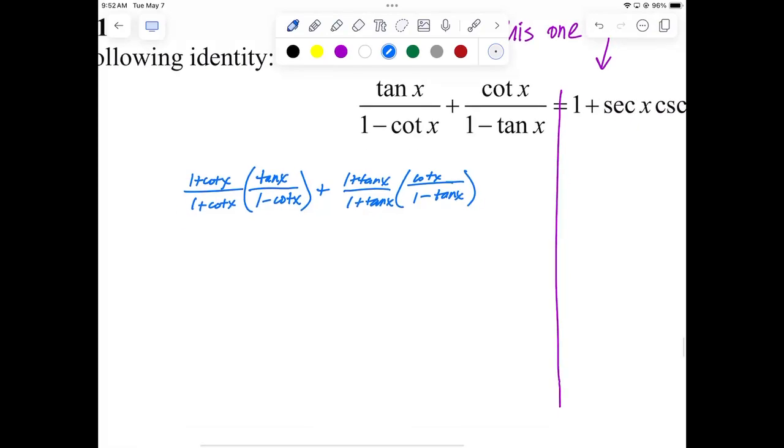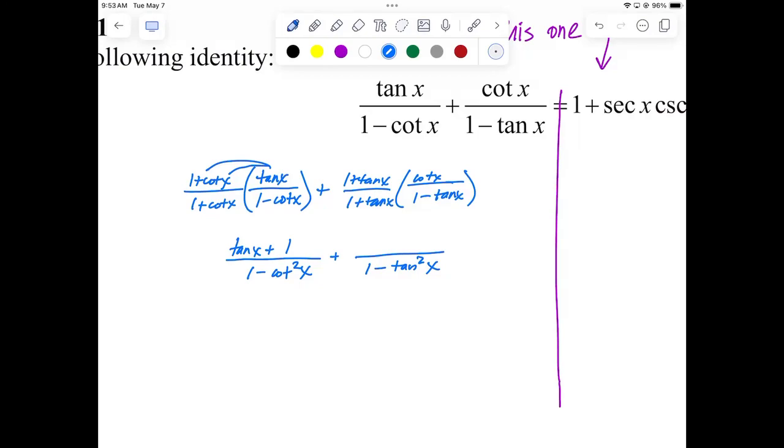The whole reason we do that is so in the denominator we get 1 minus cotangent squared of x, and in the next denominator we get 1 minus tangent squared of x. Now in the top, did y'all distribute in the top? Yeah, I would too. At this point, I would distribute in the top because if you kind of notice what's going to happen, you get tangent of x plus what? 1, because cotangent and tangent are what's with each other?